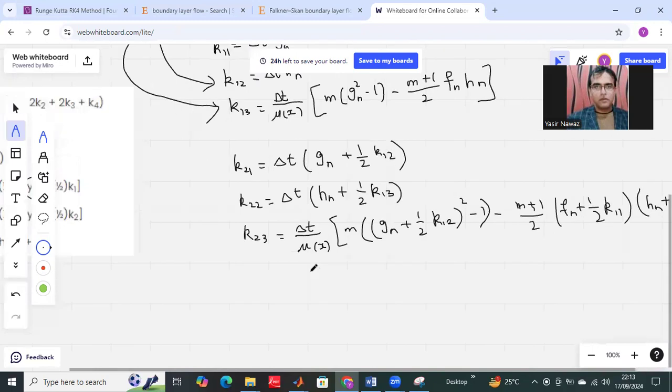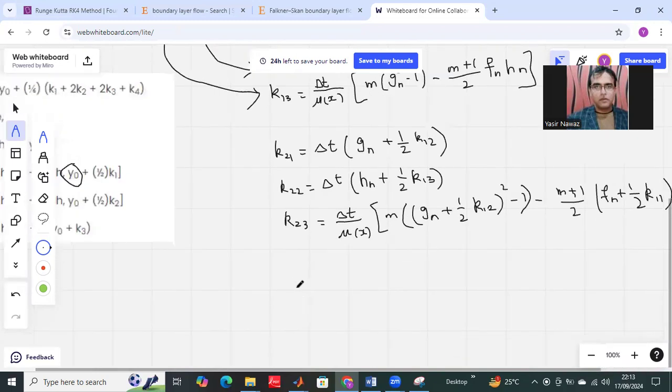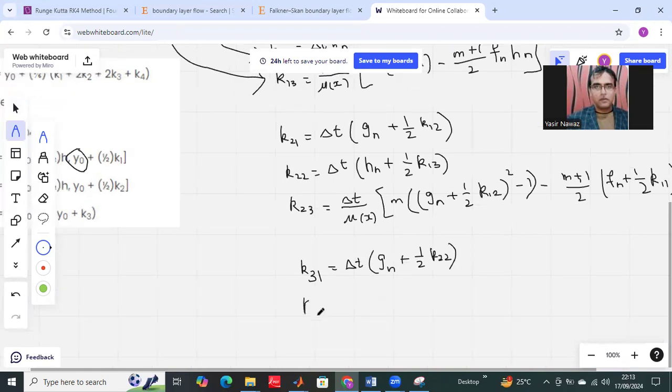Now I will apply the third stage. The third stage is written as K31. K31 will be delta T times Gn plus half of the previous stage, and the previous stage for G is K22. And then K32 would be delta T times Hn plus half K23.